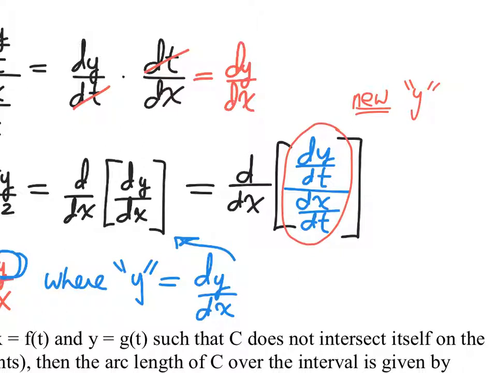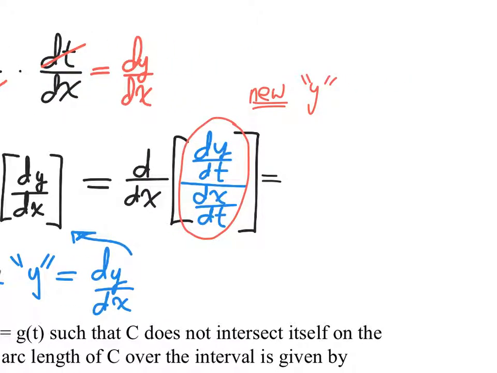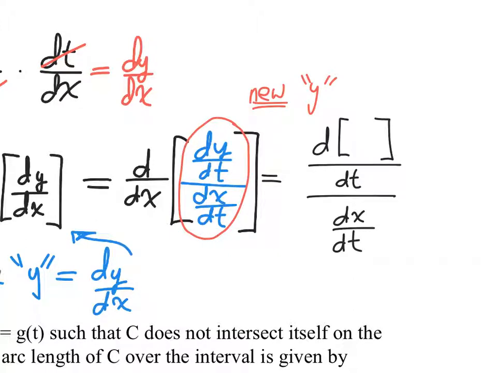It's really saying dy/dx. So if I'm following that rule, it's dy/dt over dx/dt. So then new y is my dy/dt over dx/dt.